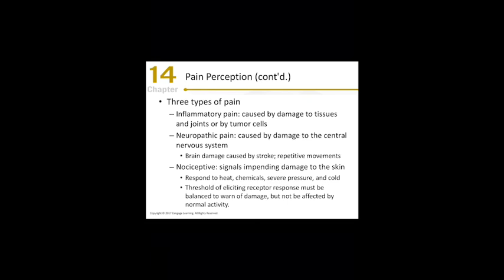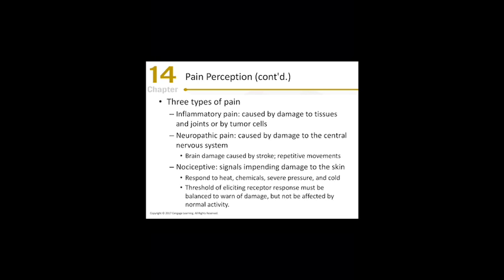We talk about inflammatory pain, which is caused by just sheer damage to tissue, damage to joints. Tumor cells that are invasive can cause pain because, depending on the tumor cell type, it can invade into tissue and or it can press on other tissue and cause pain and cause inflammation.